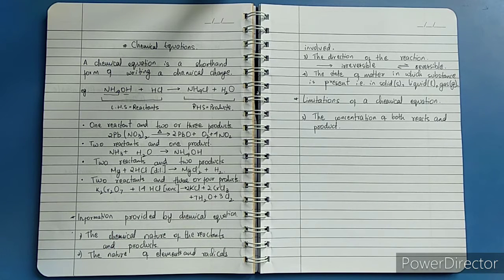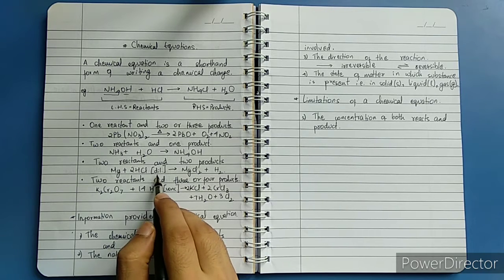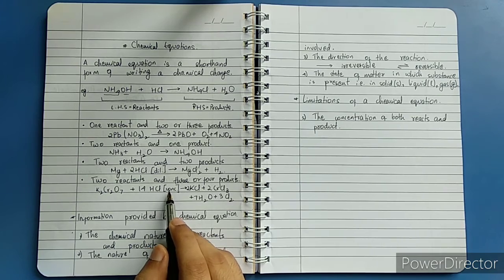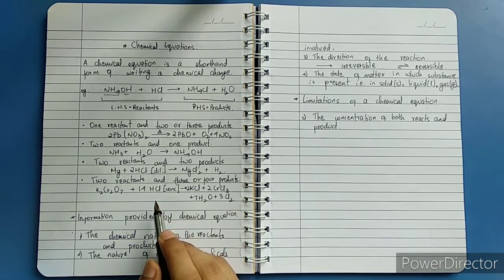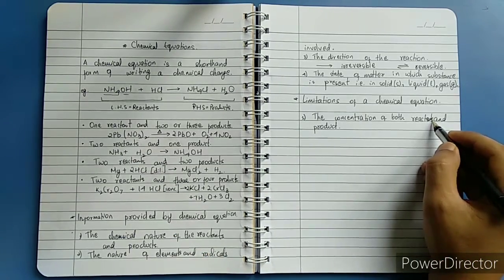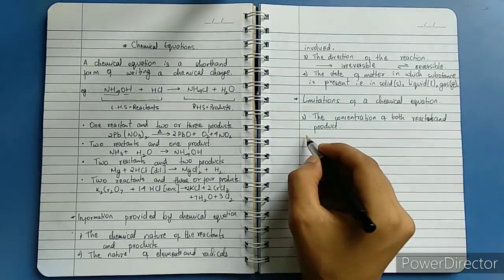What is the percentage of hydrochloric acid and what is the percentage of water? How dilute is it? It is not saying. And when it refers to concentrated HCl, again it is not saying how much concentration is there. The exact value is unknown. So the concentration of both reactants and products is a limitation.